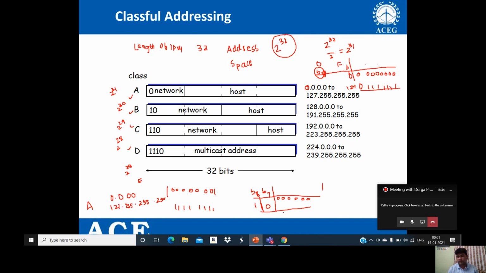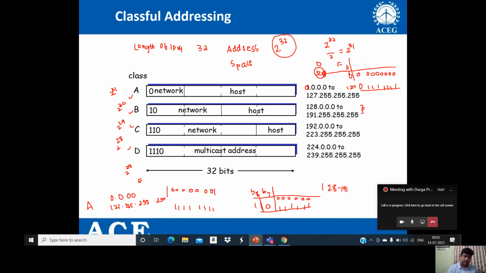So the range of class B addresses starts from 128 up to 191, and the remaining 3 bytes can take values from all zeros to all ones. So class B ranges from 128.0.0.0 to 191.255.255.255.